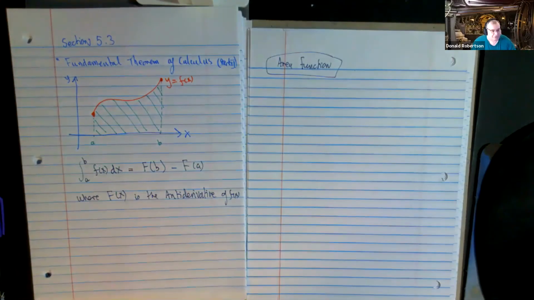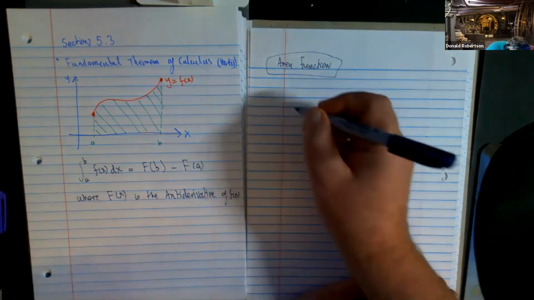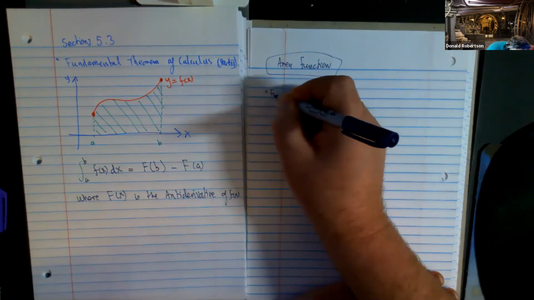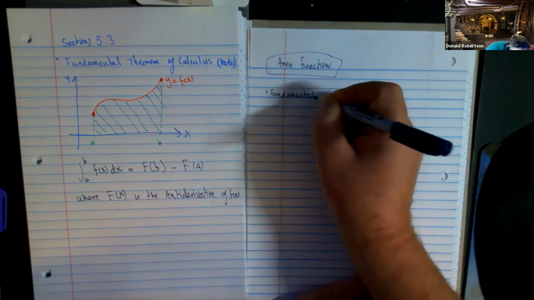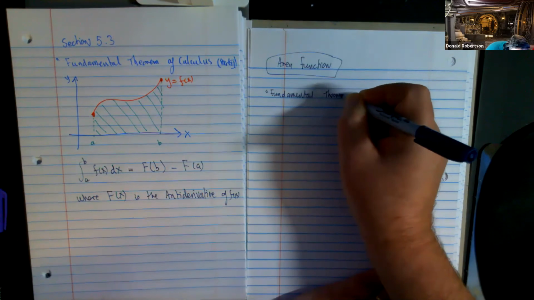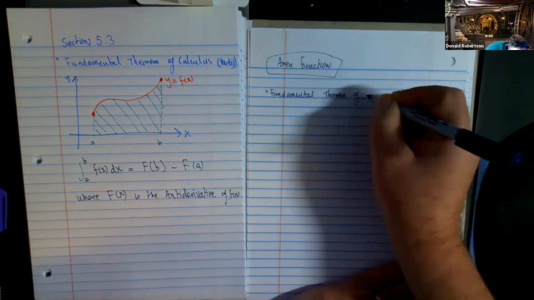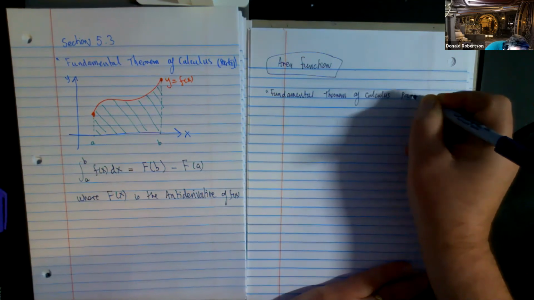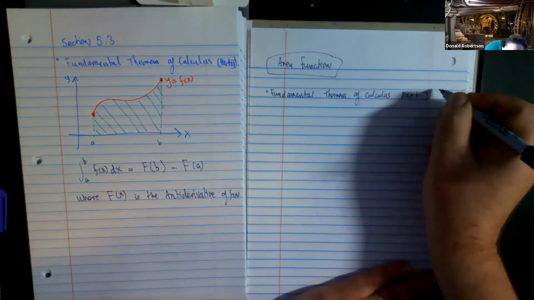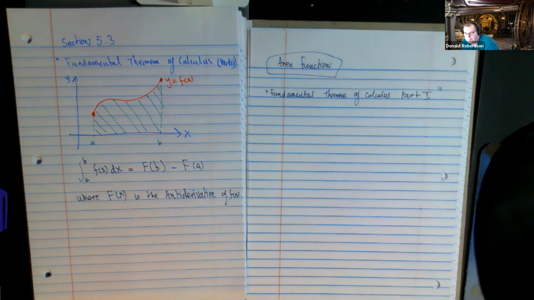The last thing in section 5.3 is called the fundamental theorem of calculus, part 1. You know, you wouldn't have a part 2 unless there was a part 1, right? It kind of doesn't make sense.